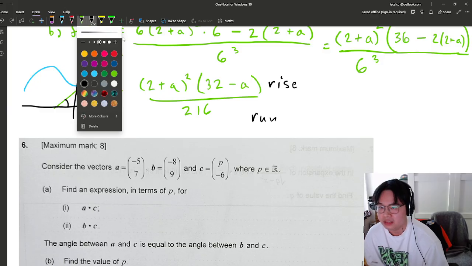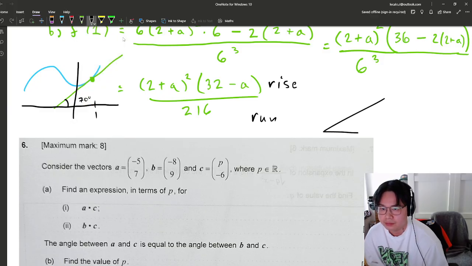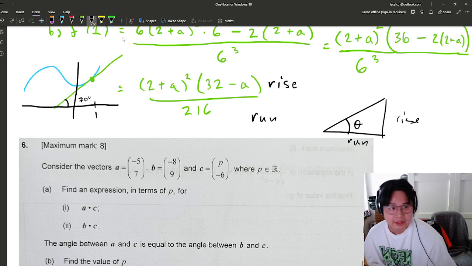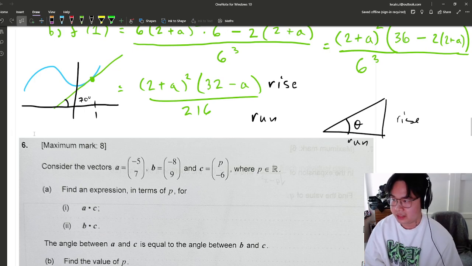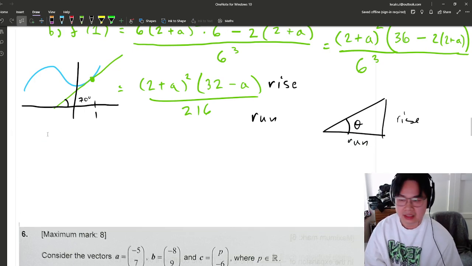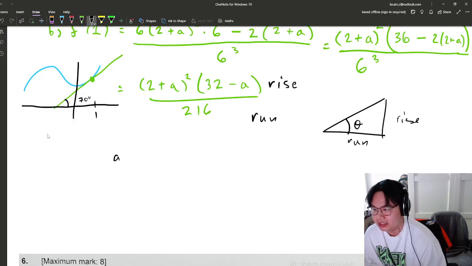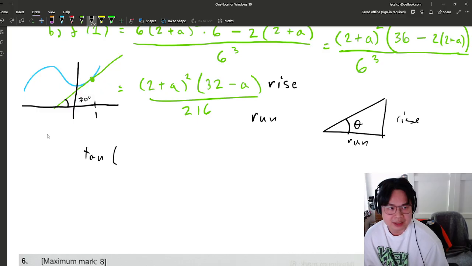Oh, I can't change colors right now? Okay. And then how are these connected with the angle? Well, that's with trigonometry. We know that tan of the angle is the opposite side of a right triangle divided by the adjacent side, essentially the rise and the run. Oops, I have this backwards.